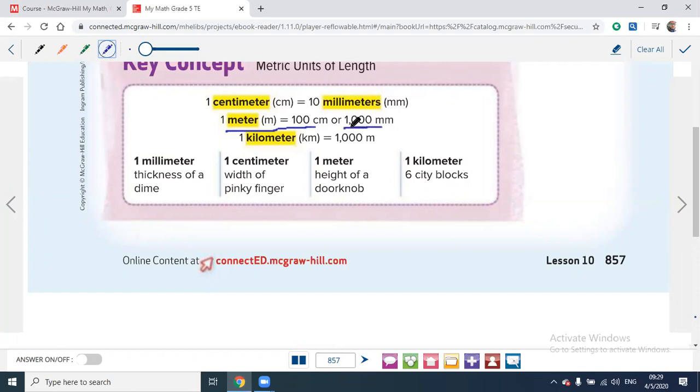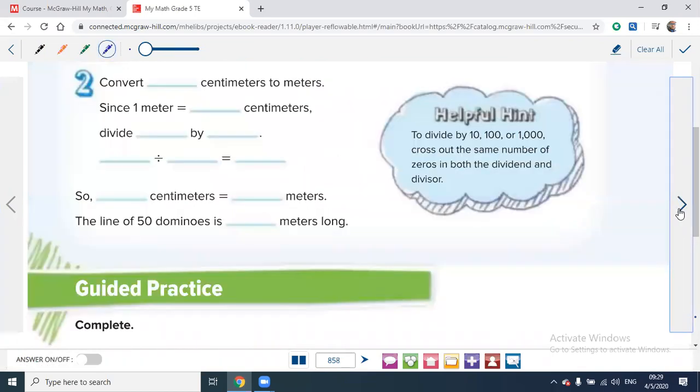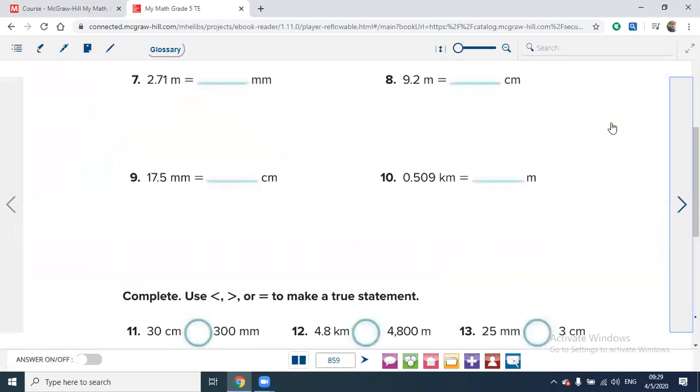I explained it already. To convert from meter to millimeter, the relation between them is 1,000.